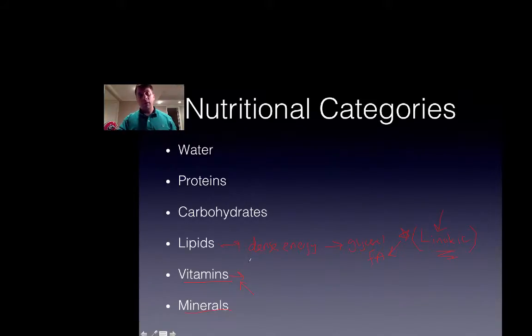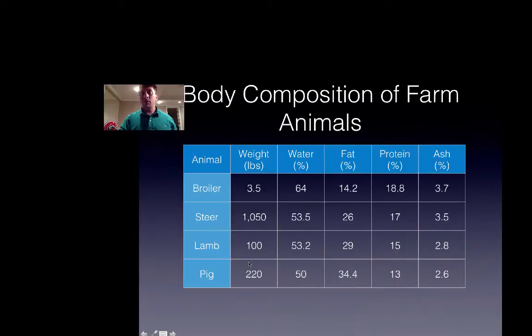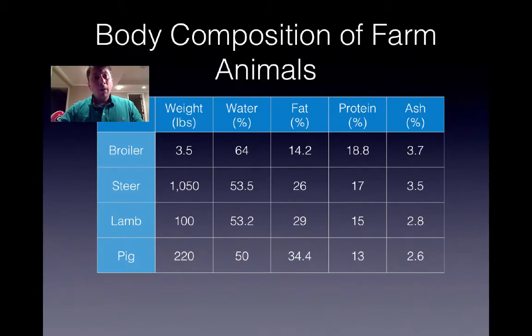So as we're talking about nutrients, it makes sense that these nutrients are going to be converted into the macromolecules of the body. So what is the composition of our body? Well, not really the composition of our body, but the composition of farm animals. And when you're looking at this, it really stands out that broiler meat, chicken meat, is actually the leaner and healthier meat, and that is because comparing it to steer, lamb, and pork, you see that the broiler has a higher percentage of protein while also having a lower percentage of fat.